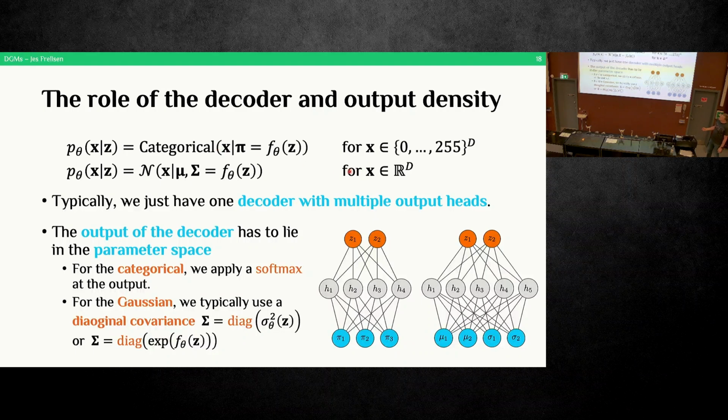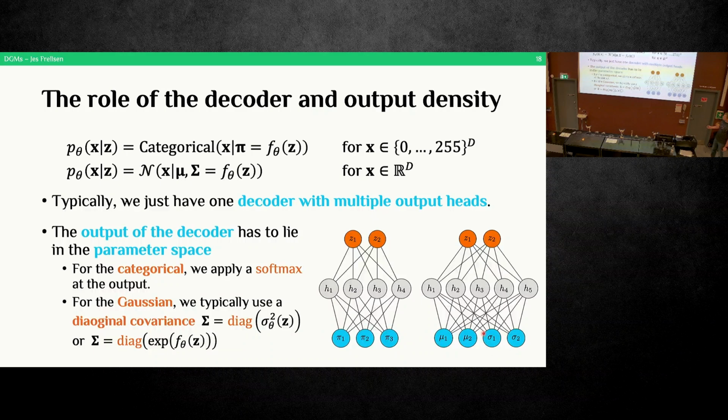If we had continuous data, we could, for instance, choose a Gaussian output distribution, and typically for a Gaussian, we would assume a diagonal covariance matrix. So assume our data was 2-dimensional. We could have a decoder that looks like this, where we input a 2-dimensional set, and then we output the mean of the first dimension, the mean of the second dimension, and then the sigma, or the standard deviation, for the first and the second dimension.